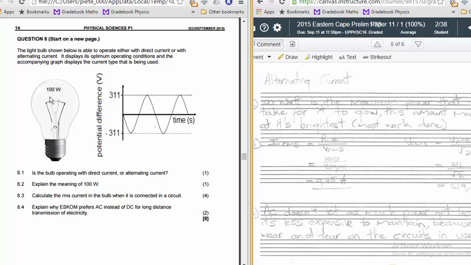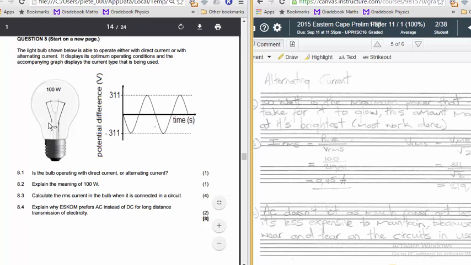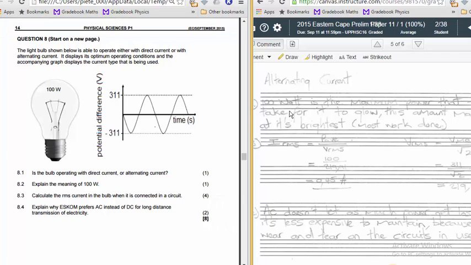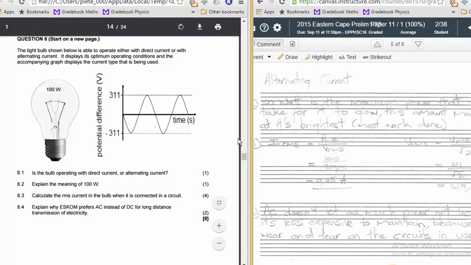We only have power and we have voltage, and so we have the average power. Let me just see, optimal operating condition. Yeah, this 100 watts is the average power. So just before, this student said the maximum power. It's not the maximum power, it's the average power.